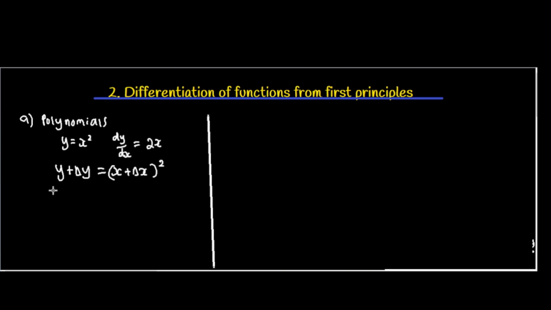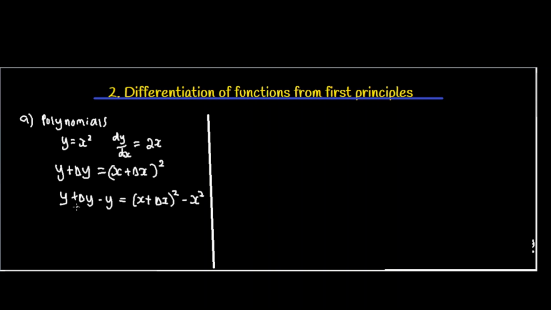It's like saying y plus change in y, minus y, equal to x plus change in x all squared, minus x squared. So we've subtracted this equation from the other equation which we established in the first step.